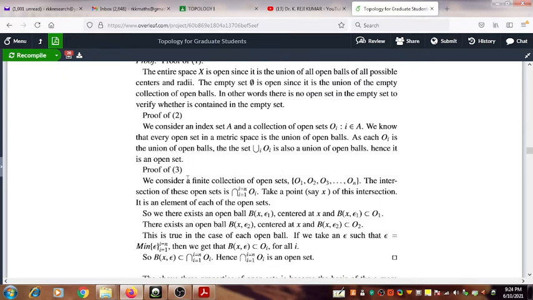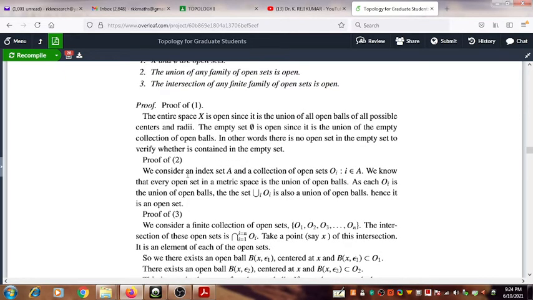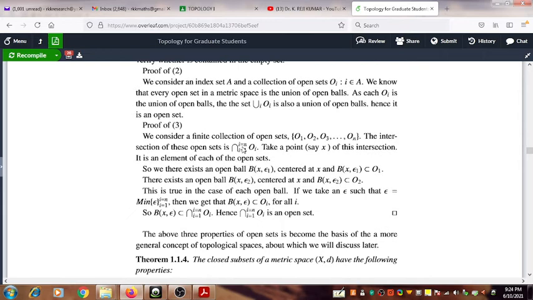Coming to the third statement, we are restricted to take only a finite number of open sets. So we consider a finite family of open sets, which we label O1, O2, O3, etc. to On.